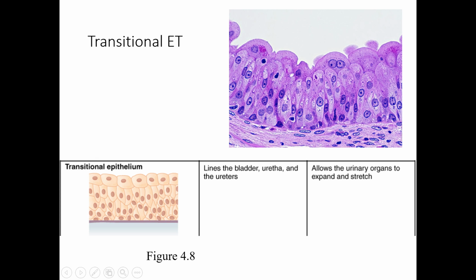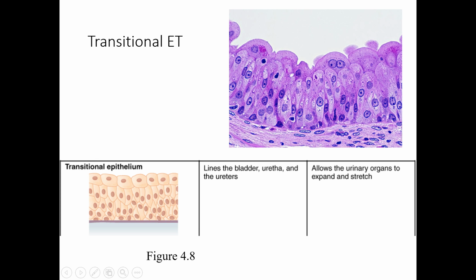Some of the cells are tall, some are more flat, some have round nuclei and are more like cuboidal, so it looks like a mess a little bit, and that is transitional epithelial tissue. It means several layers of cells of all possible shapes and sizes.